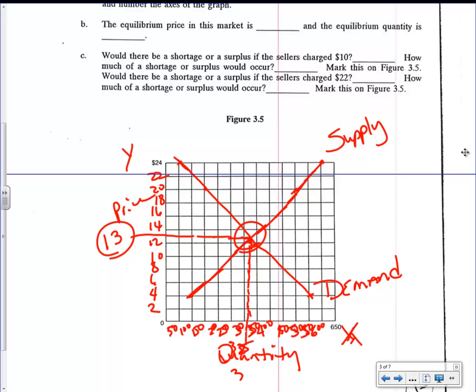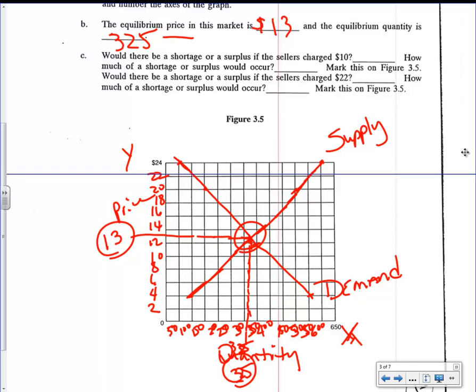I'll draw it down here. So as it tells us in B, how much is the equilibrium price? $13. And how much is the equilibrium quantity? 325. Equilibrium is where quantity demanded equals quantity supplied.